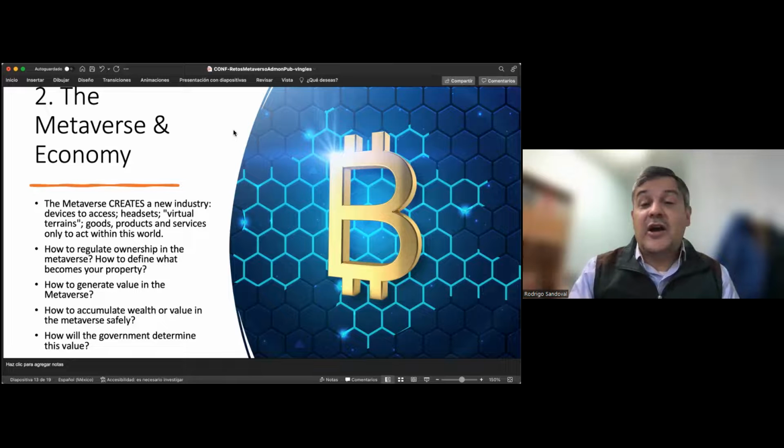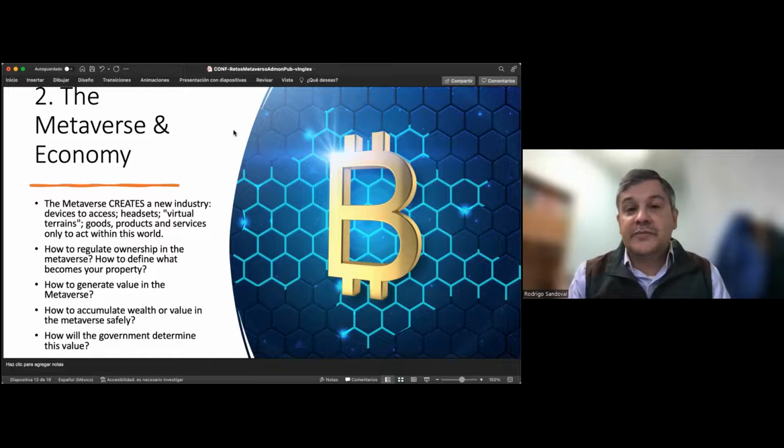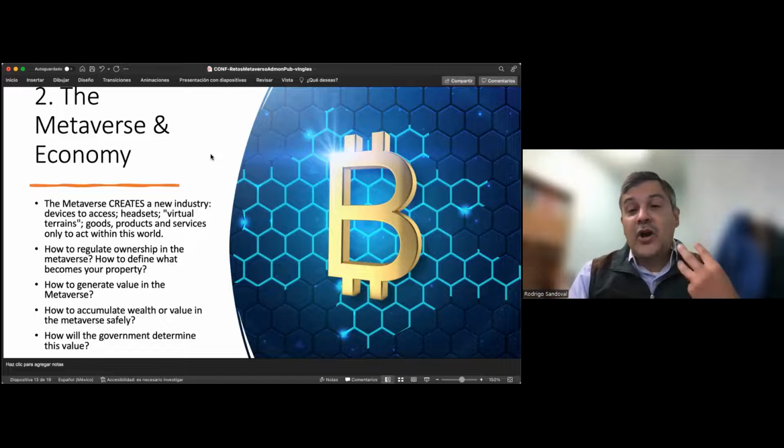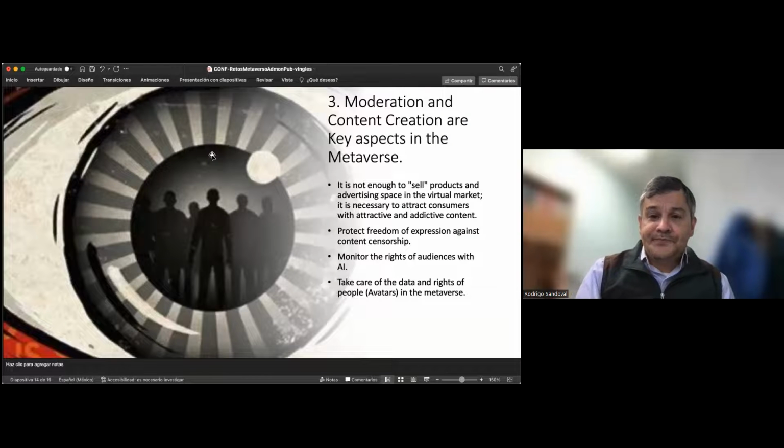So finally, how will the government determine this value, if the government is the responsible party or the leader of this idea? So I think that economy is another challenge that we need to think about.